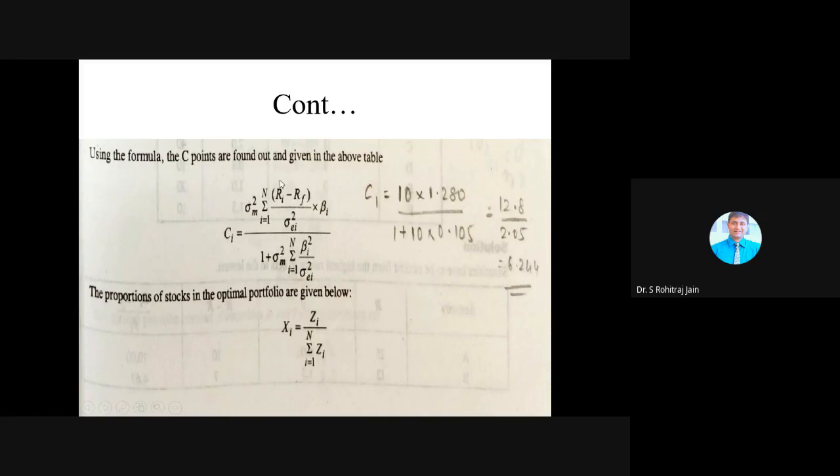Okay, please see this formula. So what I'll do, students, now is first I will calculate Ri minus Rf, and then I'll use the table for that.